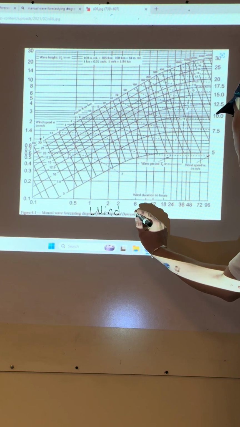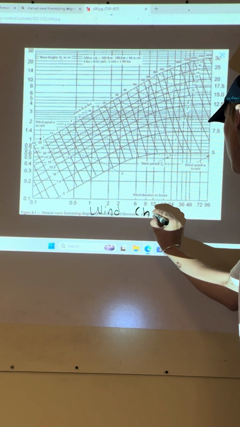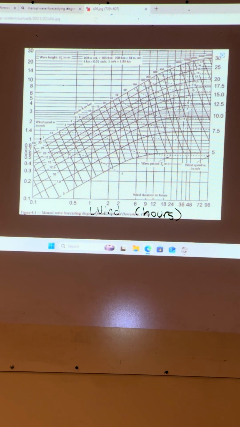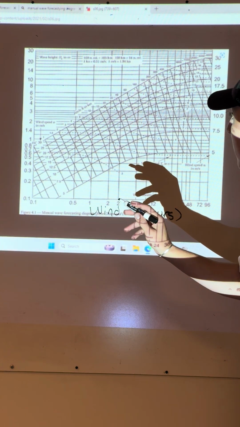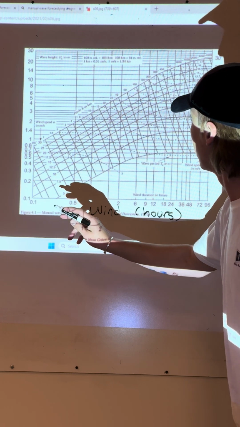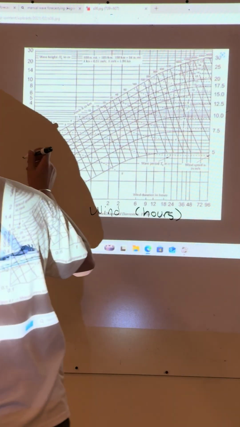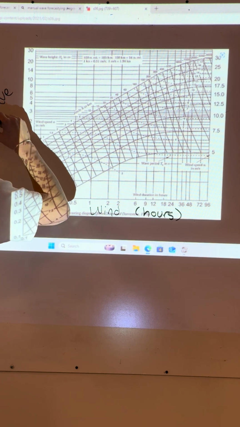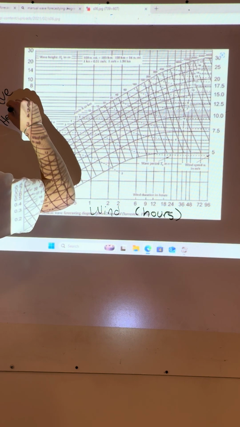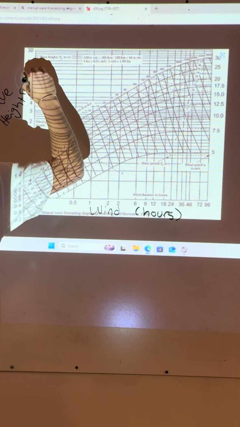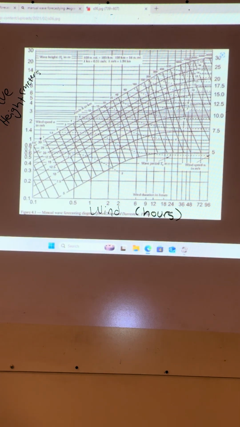Okay, so the time for the wind, and here on the y-axis looks like we've got wave height, in meters.